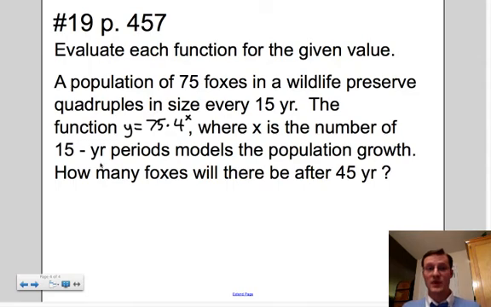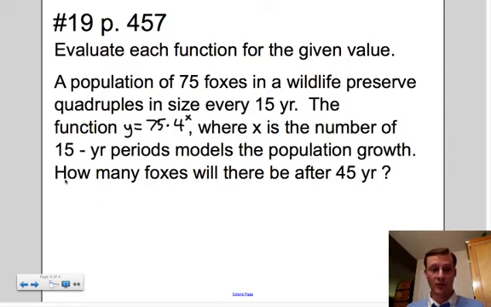So in this situation, we have one of the traditional situations where exponential functions apply, which is exponential growth. In certain populations, you see exponential growth. Usually it's something like, in this case, foxes, flies, insects, that sort of thing. What's important in any of these is to look at the question.